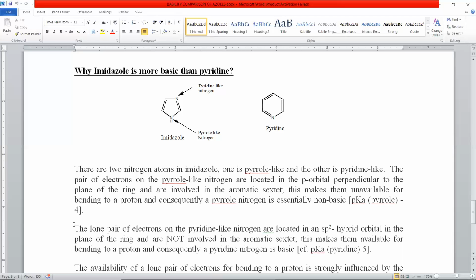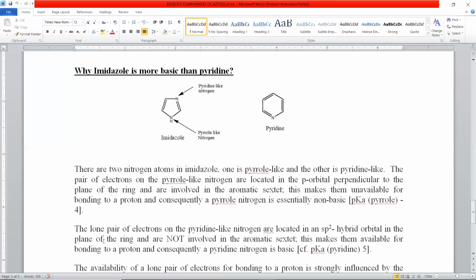The lone pair of electrons on the pyridine-like nitrogen is located in the sp2 hybrid orbital in the plane of the ring. The lone pair of electrons on the nitrogen atom in the pyridine type of nitrogen is located in an sp2 hybrid orbital.